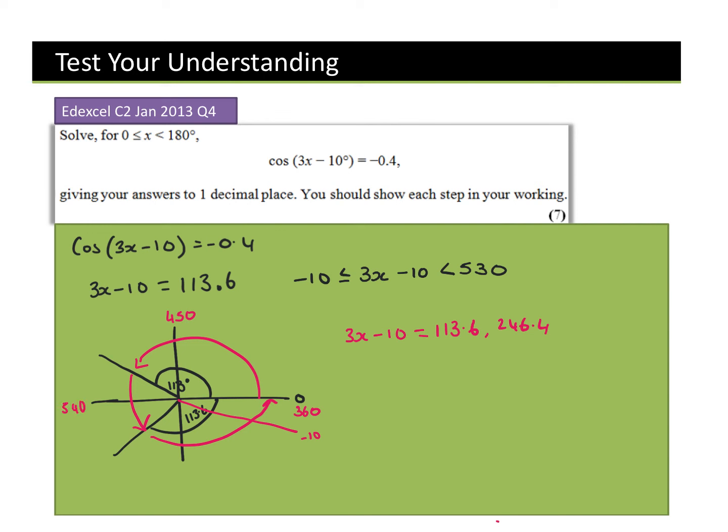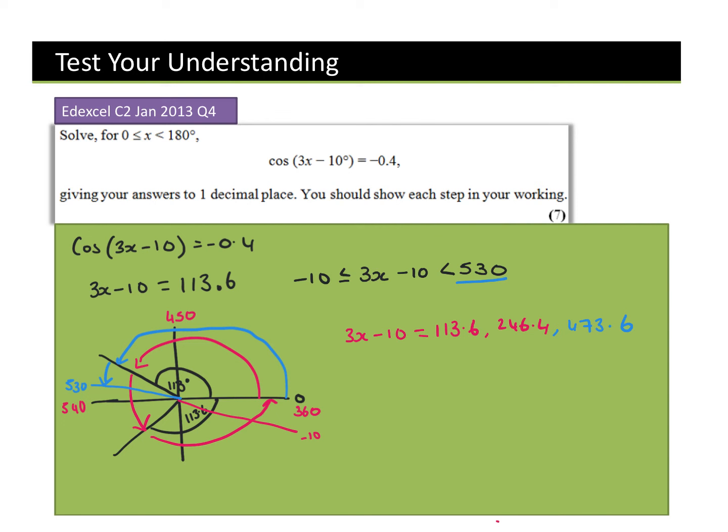But wait a minute, it says stop at 530. So my new stop is here, 530. So I keep going around. 360, I get to here, stop. So 360 plus 113.6 is 473.6. Okay, I haven't stopped there though. Now I keep going. Stop at 530, because that is the last part of our interval.